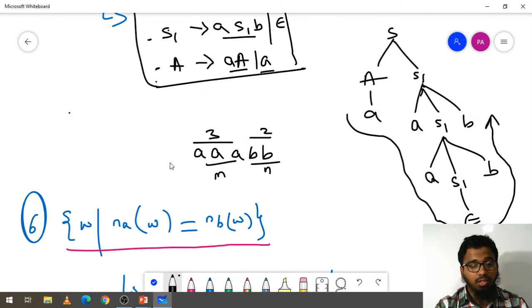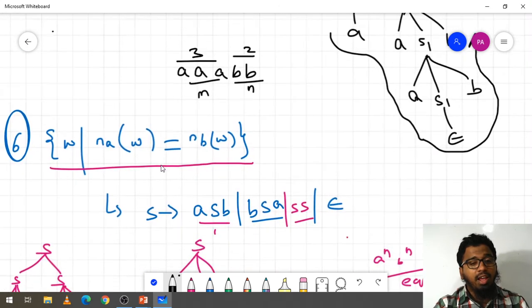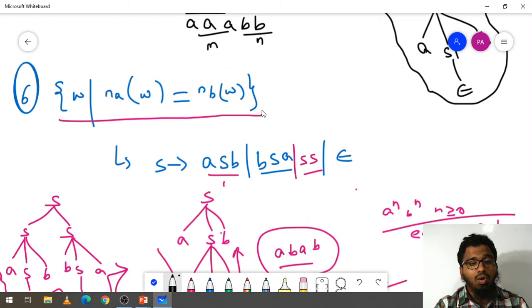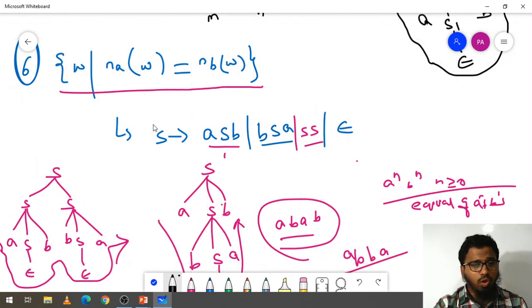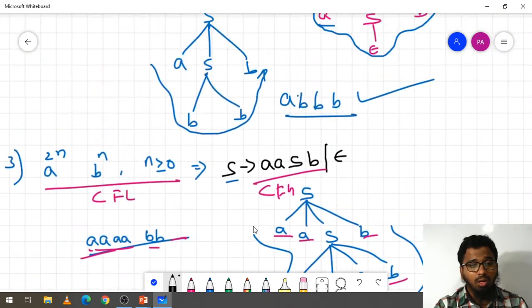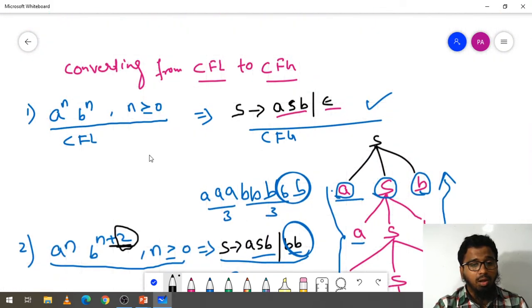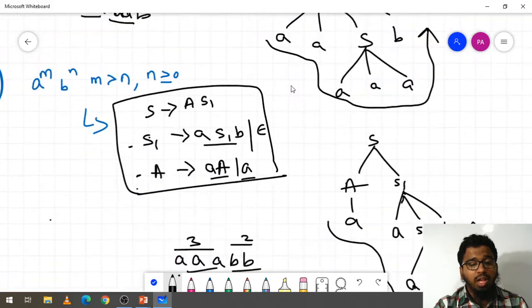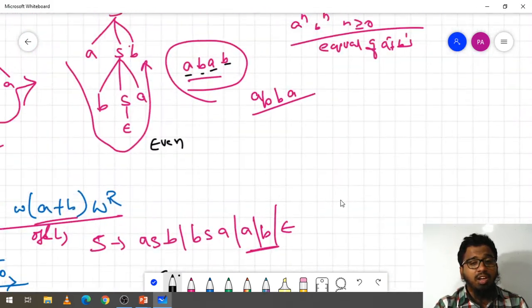Next, W, NA of W, NB of W. So here it is telling equal number of A's and B's is okay, but if I want something like this, A, B, I cannot generate it with the first one. I will not generate with A power n, B power n. It is generating A, B. But with the help of that, we cannot create that.